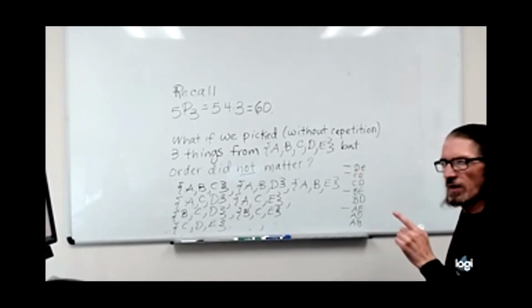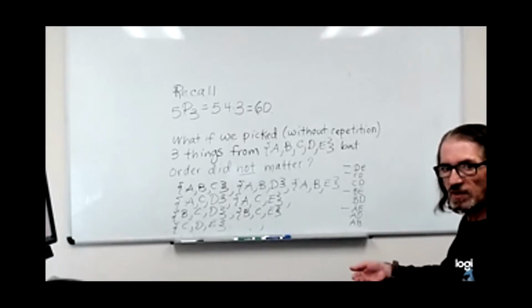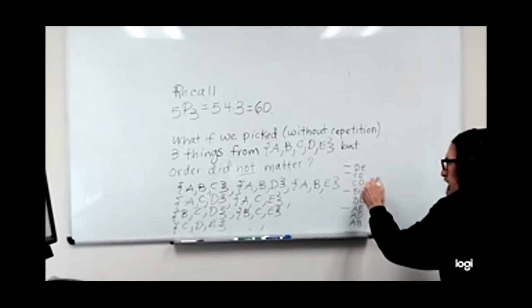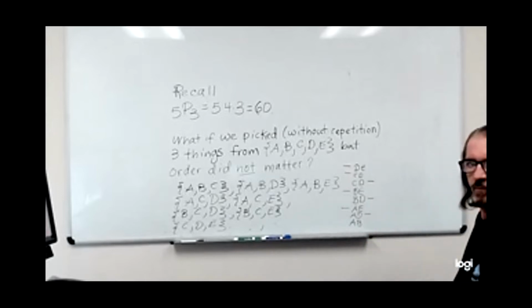I should be able to similarly come up with 4 ways to leave out D and someone else. Here's one of them. Here's another, a third, and a fourth.